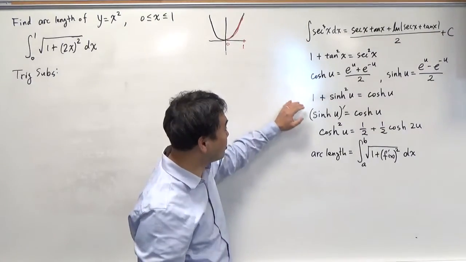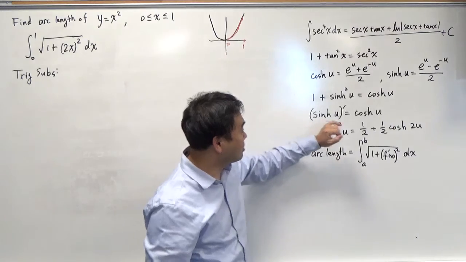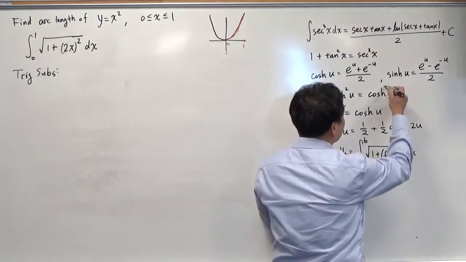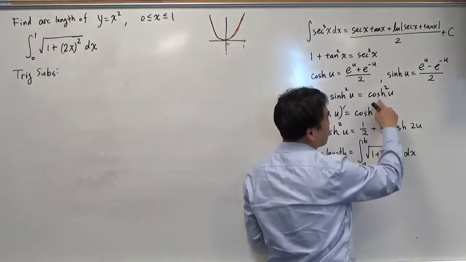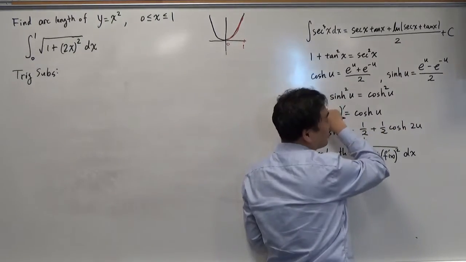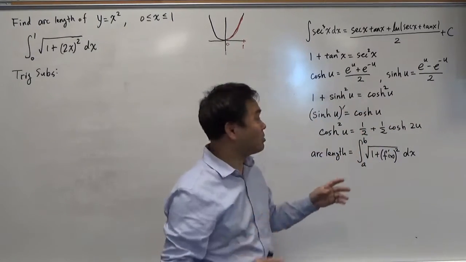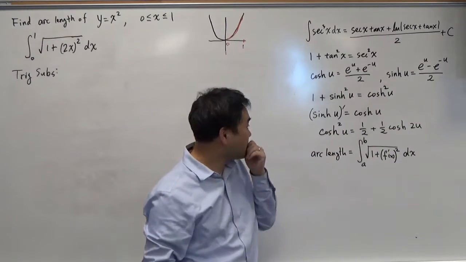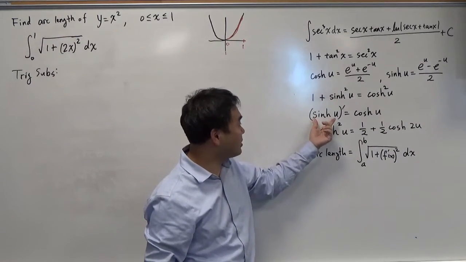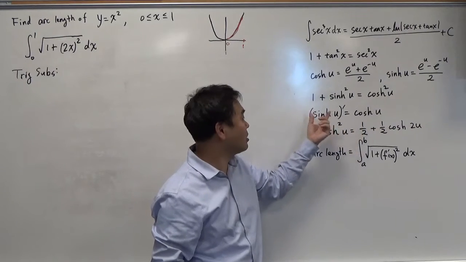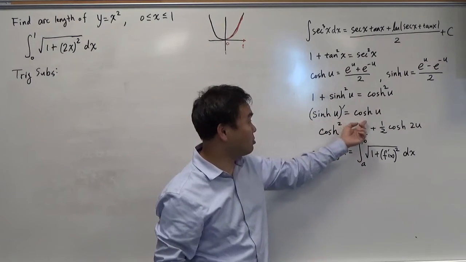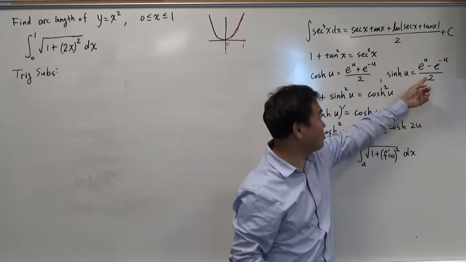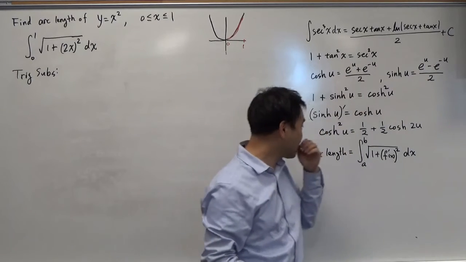So for example, we know that cosine squared plus sine squared is equal to 1. In the hyperbolic functions, it's really cosine squared minus sine squared is equal to 1. We know that sine differentiates to cosine. Sine hyperbolic also differentiates to cosine hyperbolic, as you can see if you differentiate this directly.